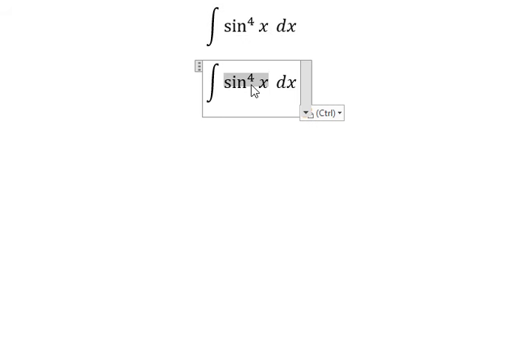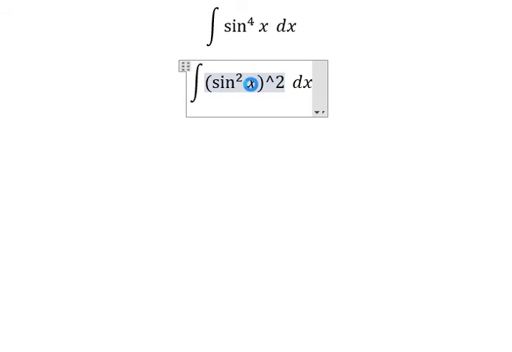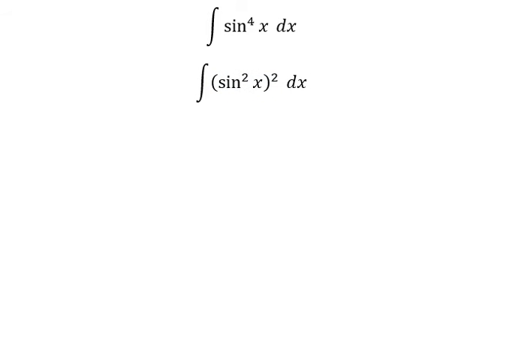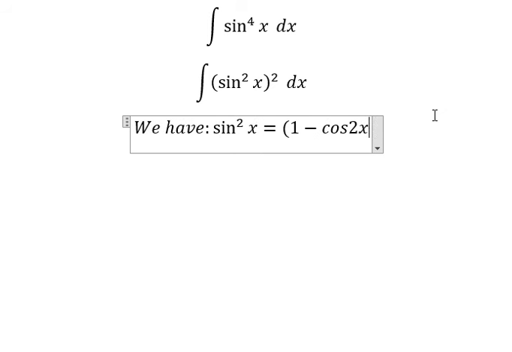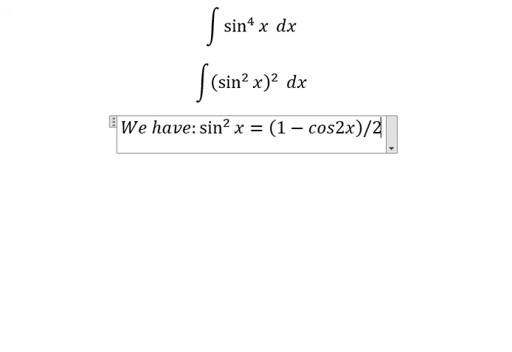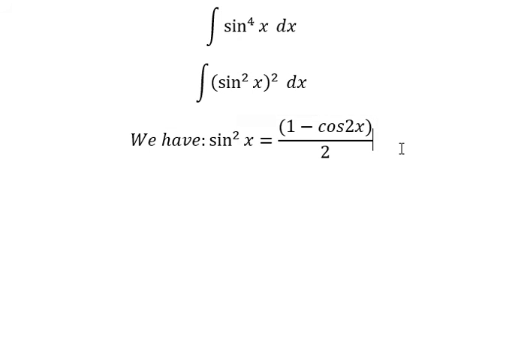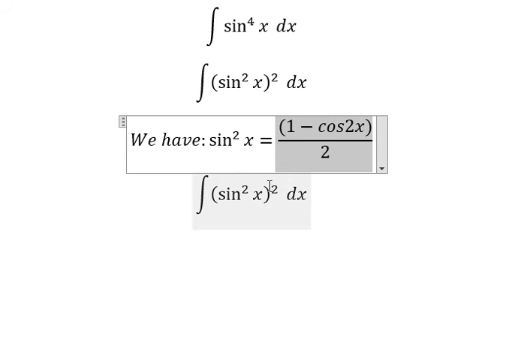This one we can write into sine s squared, everything to the power of 2. So we have the formula in here. Sine s squared equals to 1 minus cosine 2s over 2. So I will put this one go in here.